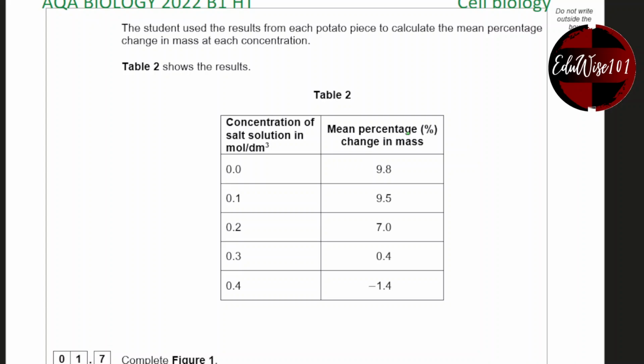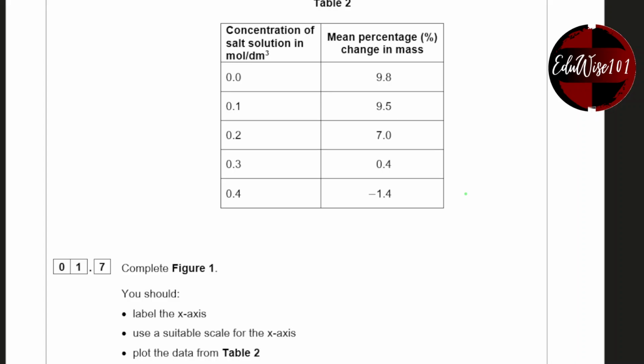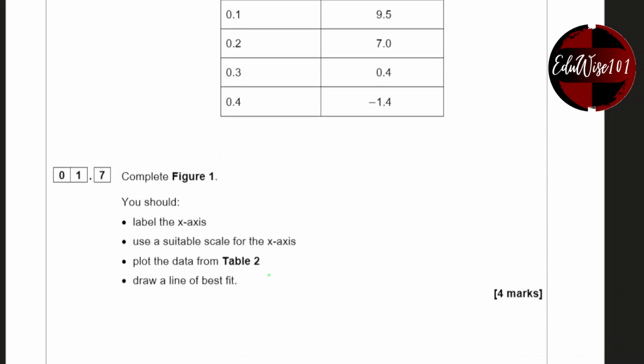The mean percentage change in mass has also been given. Complete figure 1. You should label the x-axis. Use a suitable scale for the x-axis. Plot the data in table 2. Draw a line of best fit for 4 marks. So you could say each of them actually carries 1 mark.